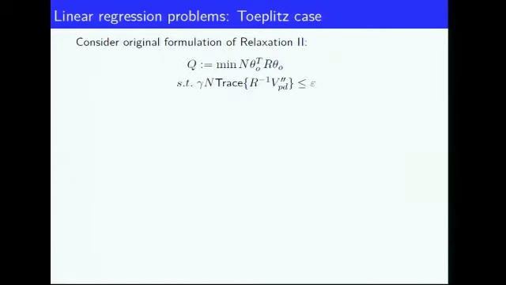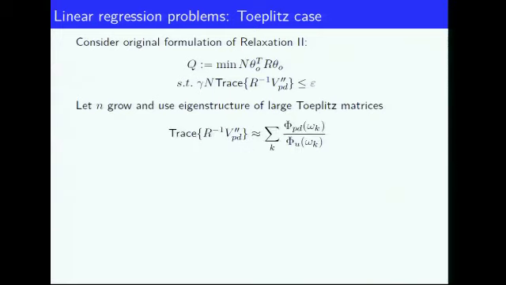So now if we go back to the original formulation of the second relaxation, which was this, and we let the number of estimated parameters grow, we are interested in when we have very complex systems. Then we can use the properties of the eigenstructure of this Toeplitz matrix and this Toeplitz matrix to show that basically this trace here is the sum of the ratio of the function generating the performance degradation over the input spectrum over a grid of the frequency axis.